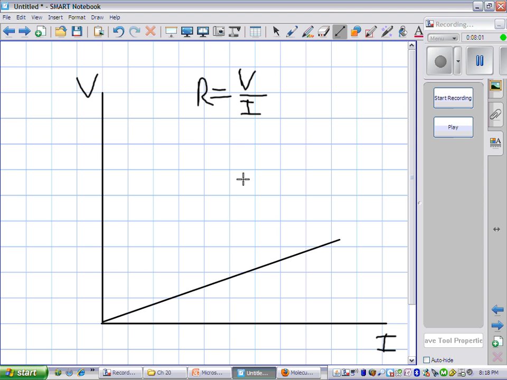Since voltage is on the y-axis and current is on the x-axis, you really have change in y over change in x, which is really the slope. So the slope of this line equals the resistance in the circuit.